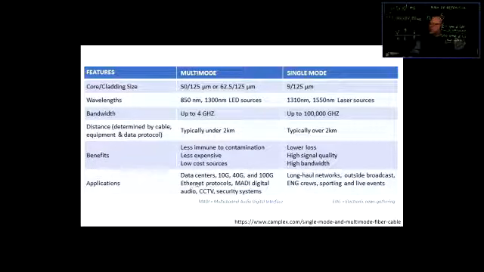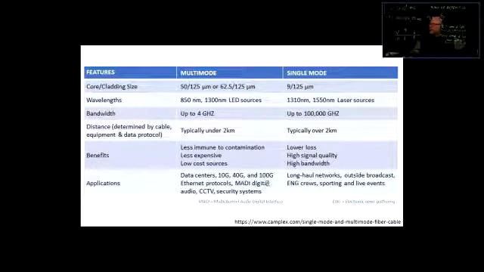Applications. Most of the time, multi-mode is used within the data centers, which would be the LAN configuration, with 10 gig, 40 gig, and 100 gig data. Remember, this is the signal transmission, up to 100 gigabits per second, and the analog signal will be up to 4 gigahertz.